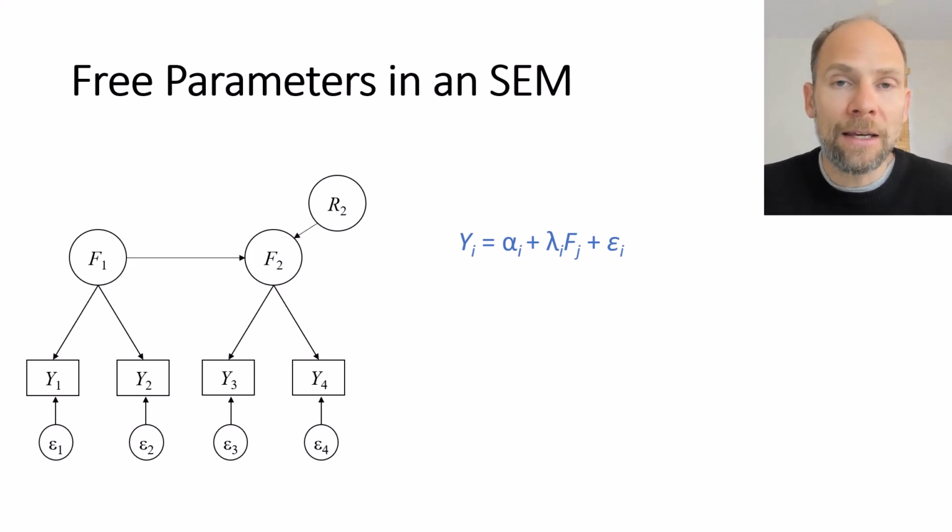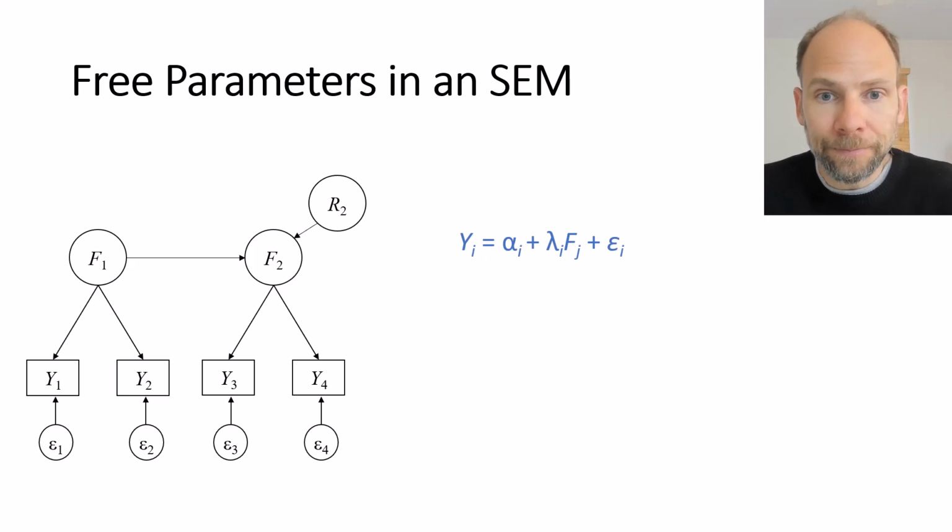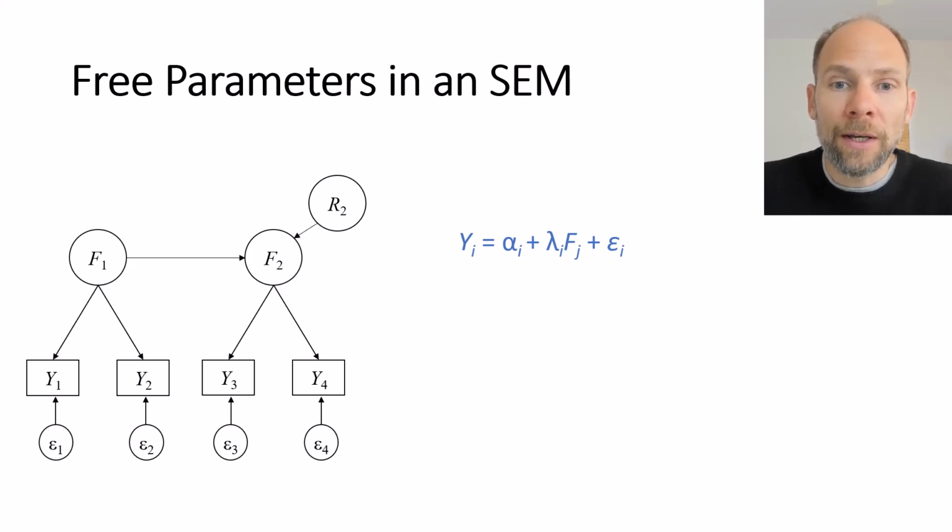And so i here stands for the observed variable and j stands for the factor. And so we have 4 such equations in this example model because there are 4 observed variables. And for each one, we have an intercept. So we have alpha 1, alpha 2, alpha 3, and alpha 4. And also for each one we have a factor loading lambda.